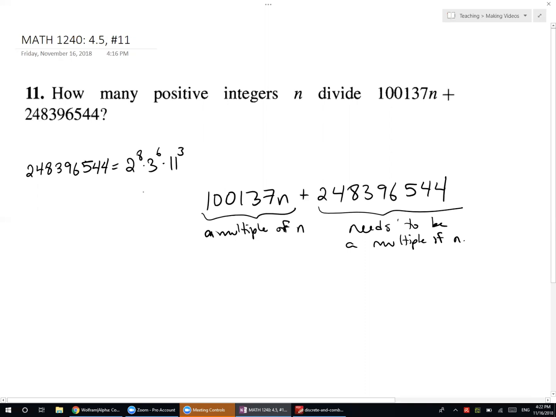But it can have 0 2s, 1 2, 2 2s, 3 2s, 4 2s, all the way up to 8 2s. So the first thing to choose, how many positive factors of 2 to the 8, 3 to the 6, 11 to the 3 are there?